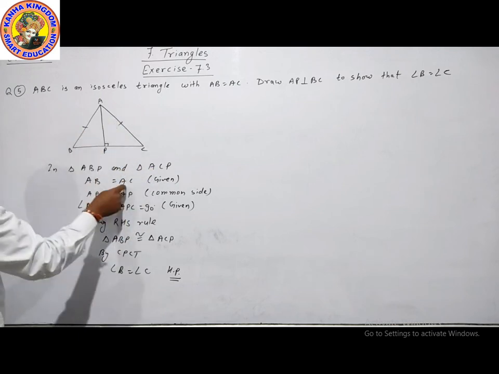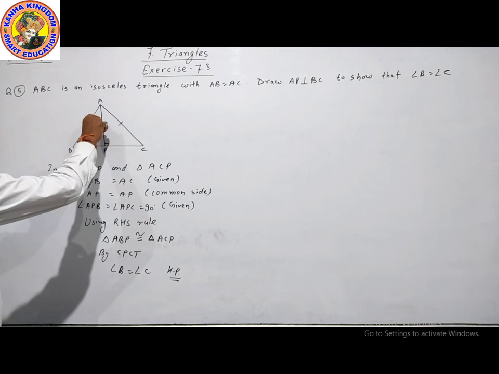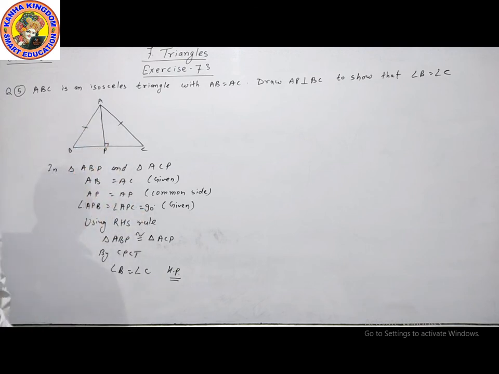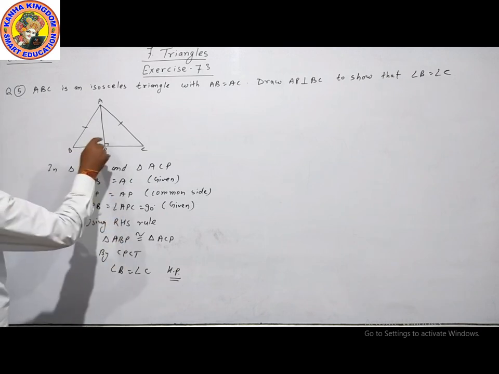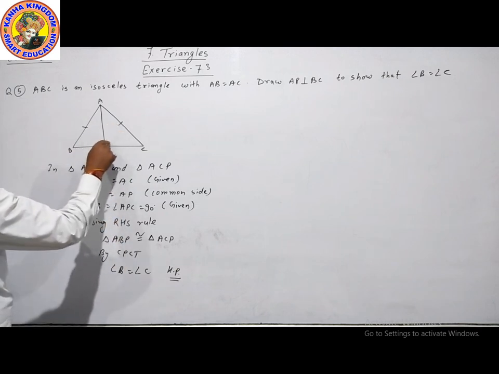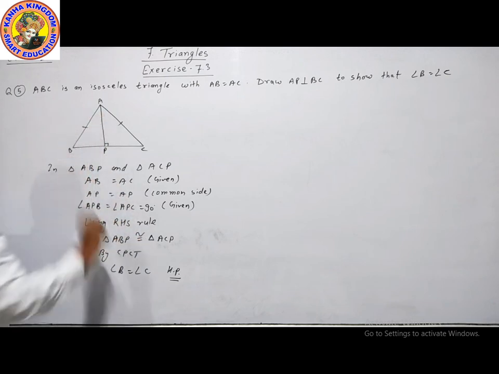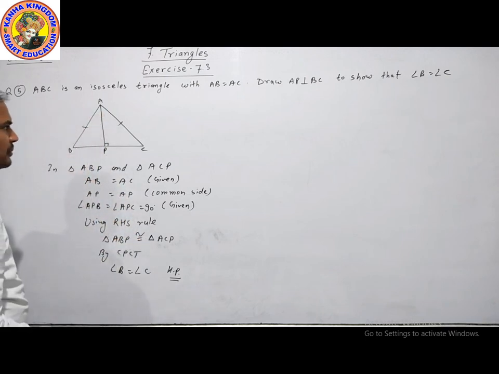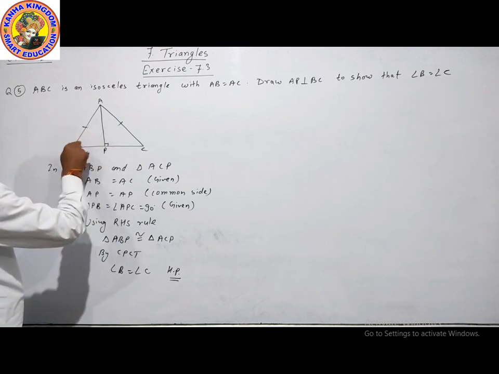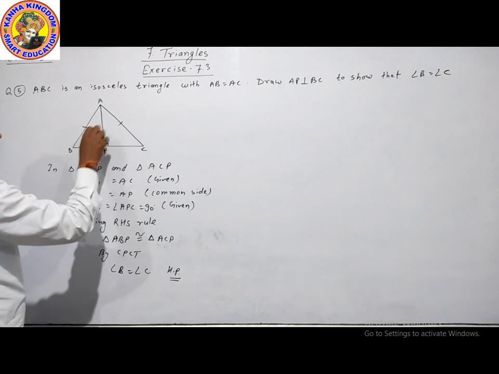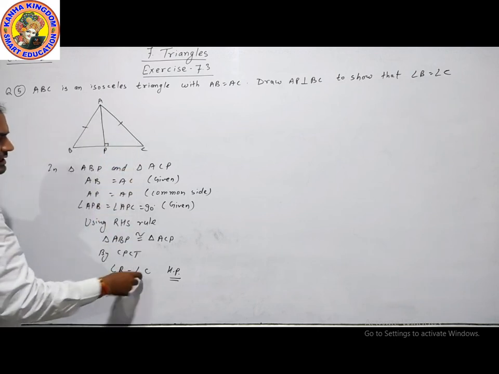AB and AC are equal. AP is our common side and angle APB is 90 degrees, which is given. So using RHS, right angle, hypotenuse and side, these triangles are congruent. So by CPCT, the angle opposite to this side, angle B, and the angle opposite to this side, angle C. Angle B and angle C are equal.